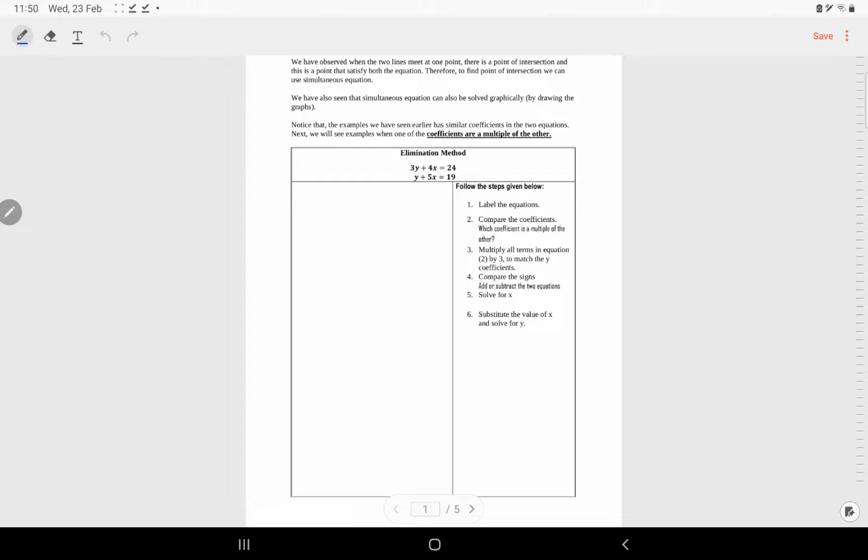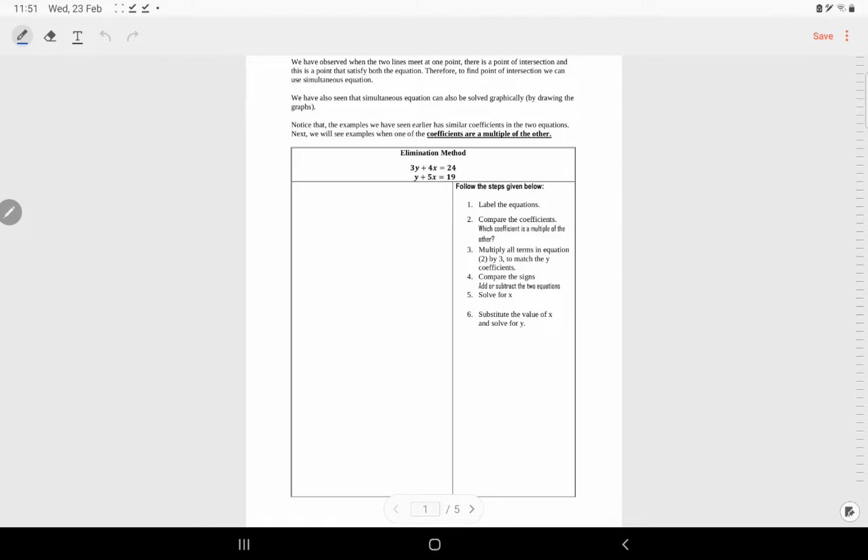So those are the two things that we observed in the homework exercise. Then we concluded that one of the applications of simultaneous equations is finding the point of intersection, or how to find the point of intersection. The method is using simultaneous equations.